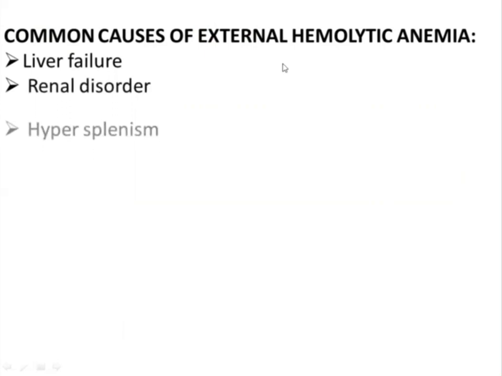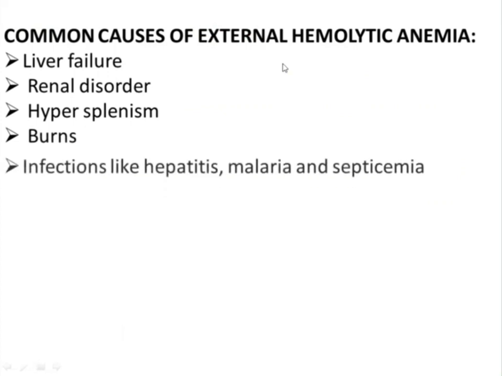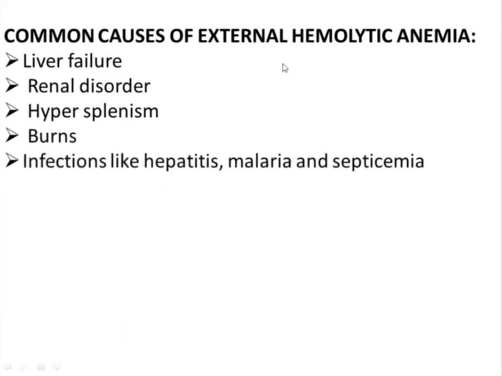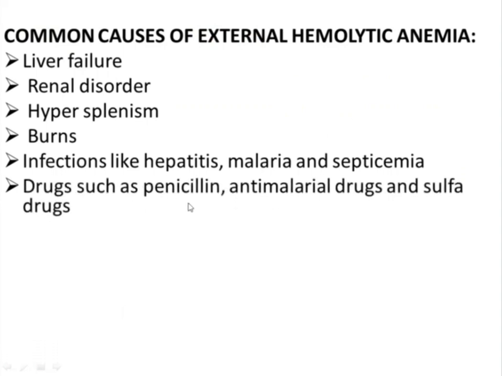Then we will see the common causes of external or extrinsic hemolytic anemia. First one is the liver failure, then renal disorder, hypersplenism, burns, infection like hepatitis and malaria and septicemia. Then the drugs such as penicillin, antimalarial drugs, and sulfa drugs, meaning sulfonamide drugs.